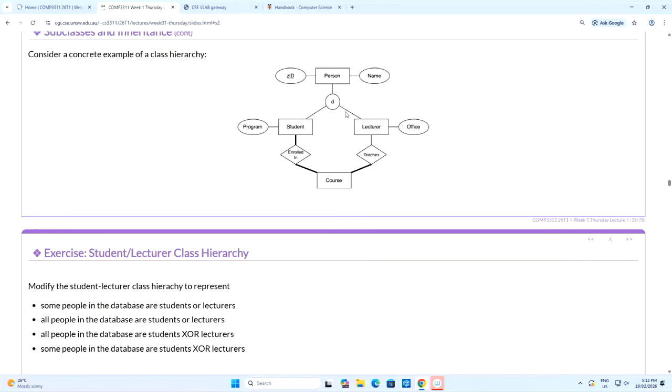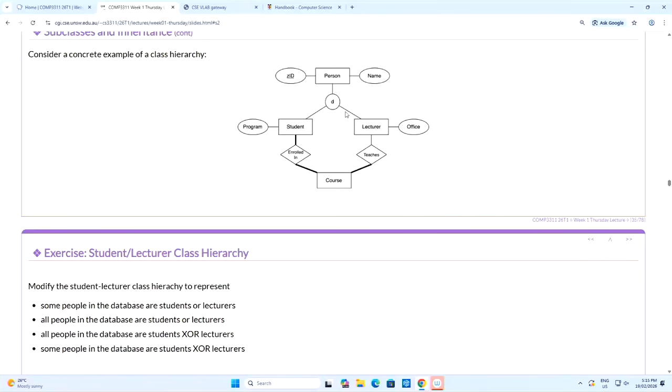And then what if we want to make all people in the database students or lecturers? So here we mentioned all people, so we're making it very clear that everybody in the university is either a student or a lecturer or both. If you see or over there, it means A or B or both.